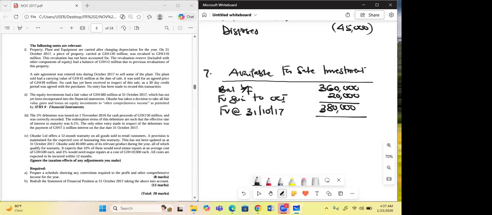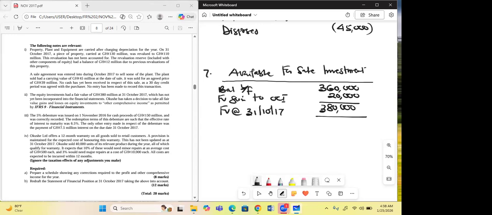So you see, they have issued a debenture. When they issue the debenture, they have collected the cash proceeds. But then, you know that from IFRS 9, debenture is a long-term liability. It must be measured at amortized cost, true or false. Yes. That is the difference between effective interest and nominal interest.